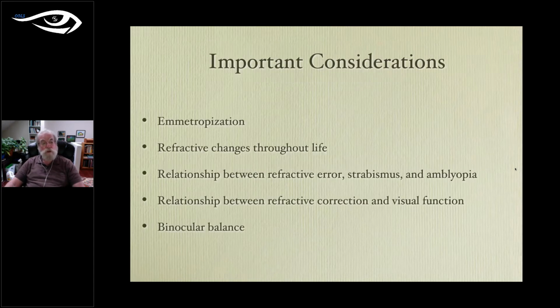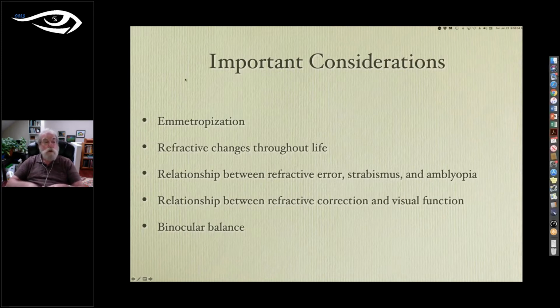There are some important considerations that I think are somewhat basic. Emmetropization, when we talk about children, is really a critical element. Things change, and they change early and they change late. You could think of the decrease in hyperopia in infants that typically occurs as being one component. You could think about the changeability of astigmatism in the first several years of life as another.